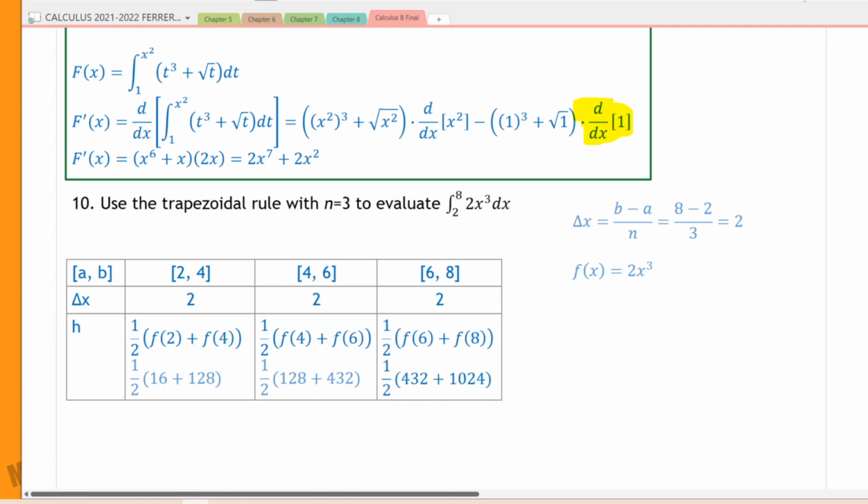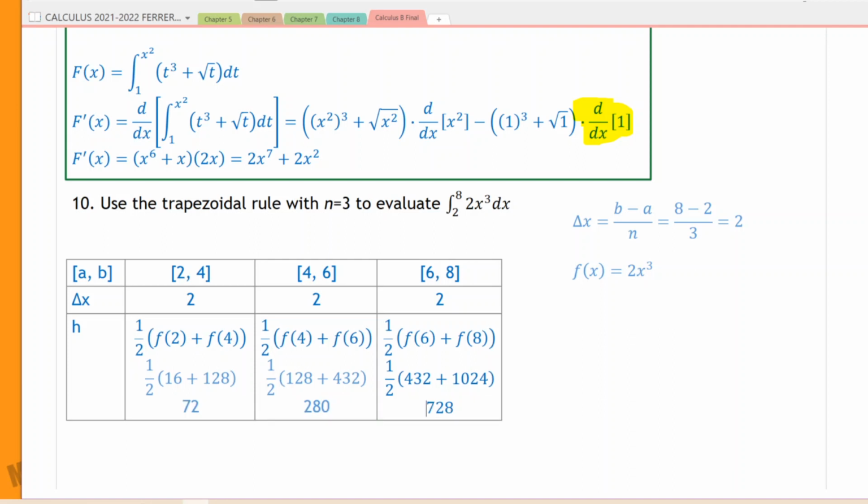I'm noticing that I made a little bit of an error. 6 cubed is 216, but then I have to multiply by 2 again. So that gets me 432. Let's add and get averages. Okay, with all of those done, looks like the height here for the first interval is 72, second interval is 280, third interval is 728.